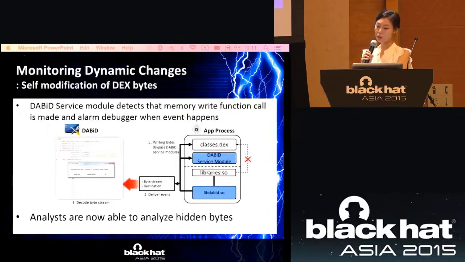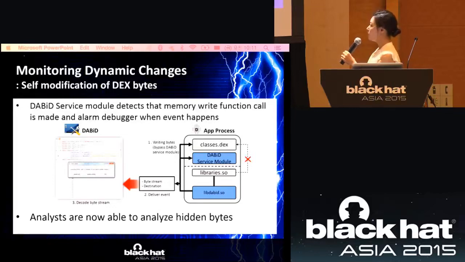Let me explain in more detail our main goal, monitoring dynamic changes. The first one is self-modification of DEX bytes. The DABiD service module, which resides in the application process, detects when a memory write function call is made and alarms the debugger when the event happens. When the write function is called, the DABiD service module prepares the information that the debugger might want, such as the byte stream and destination address of the write function.